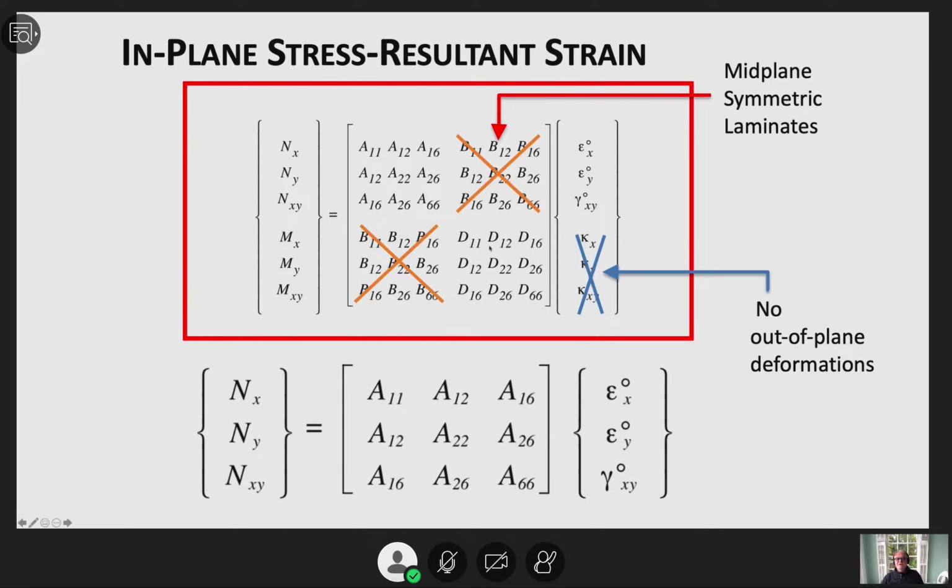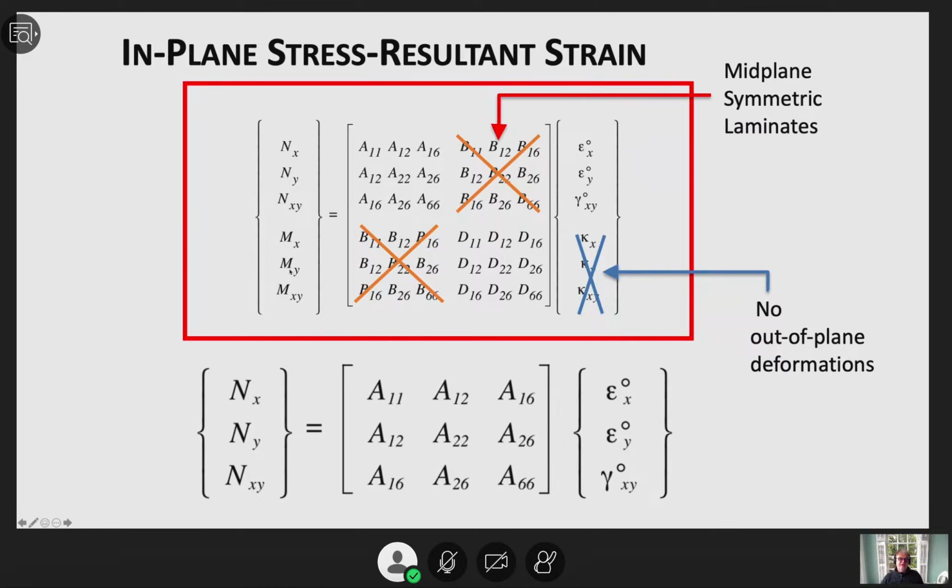But the first assumption that we make is we say let the laminates be always mid-plane symmetric. As soon as you make this assumption, this B matrix goes to 0, but that doesn't mean that D and kappas are 0. It's just that in-plane stress resultants are decoupled from bending stress resultants or moment resultants.